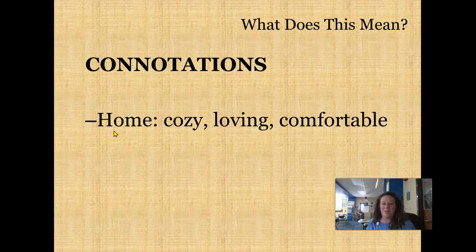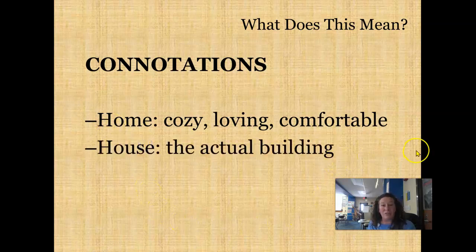So at this point in time, let's write down the connotations of these words, right? So home, it's very cozy, it's loving, it's comfortable. I consider living in a home beautiful. Like, that's where I want to live. I want to live in a home. A house is the building, like the physical address, like that is where I am. Okay.